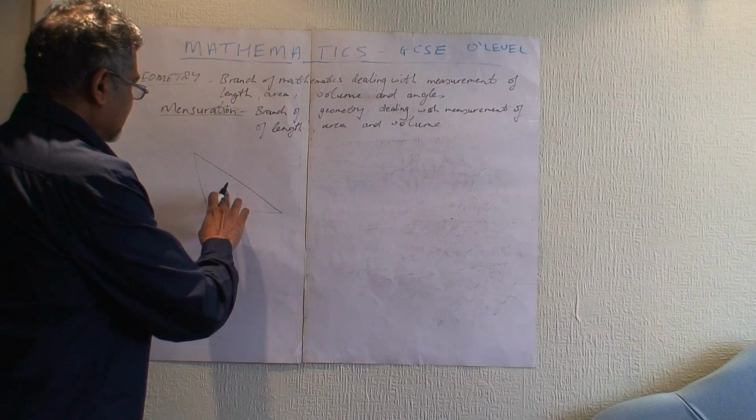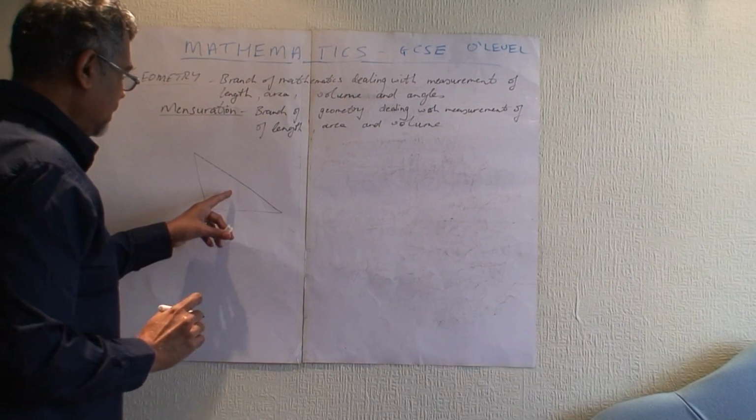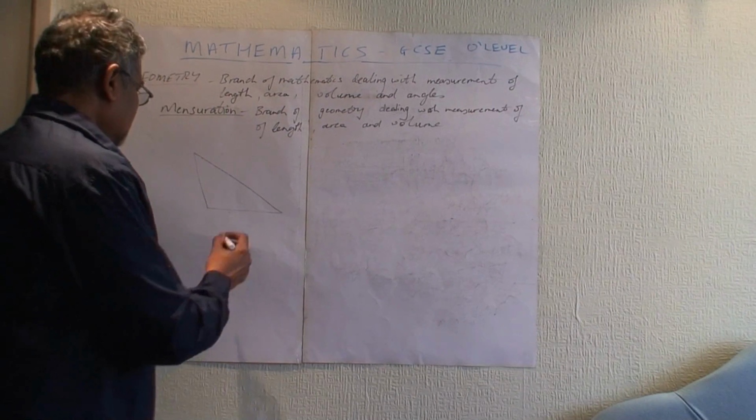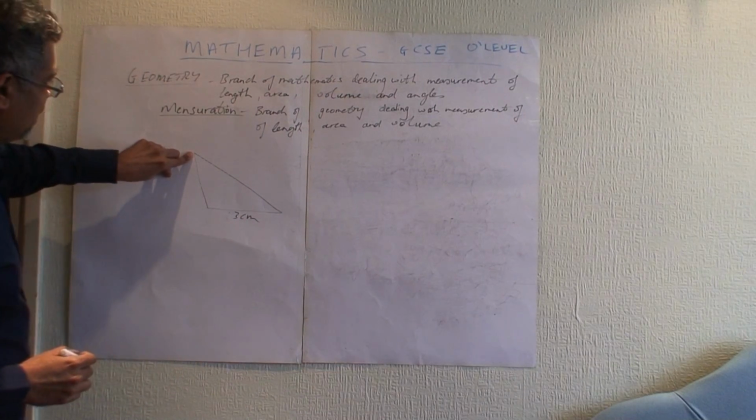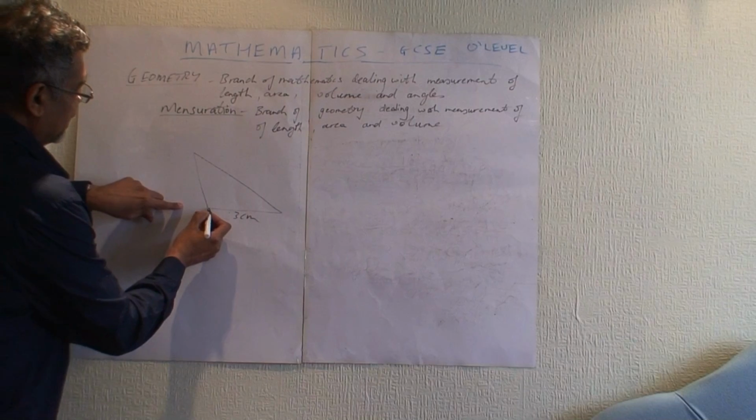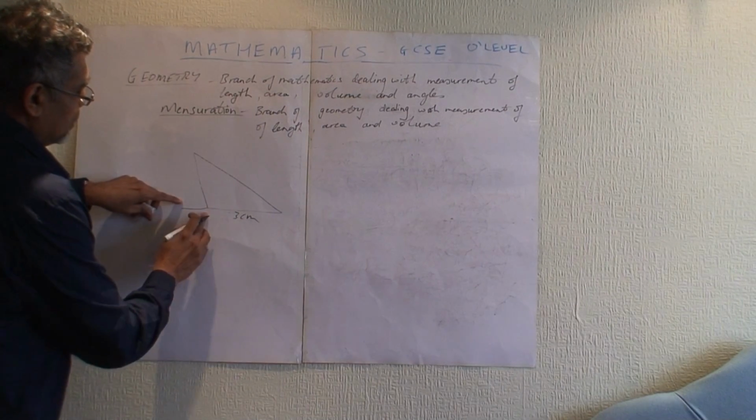You want to measure off the height, and say the base is 3 centimeters. So what we do, we draw a line from here down to here. We extend the base a bit, although it's not really a true base.